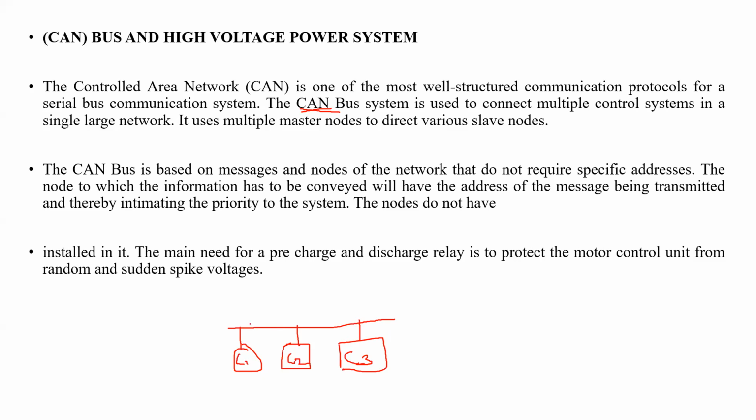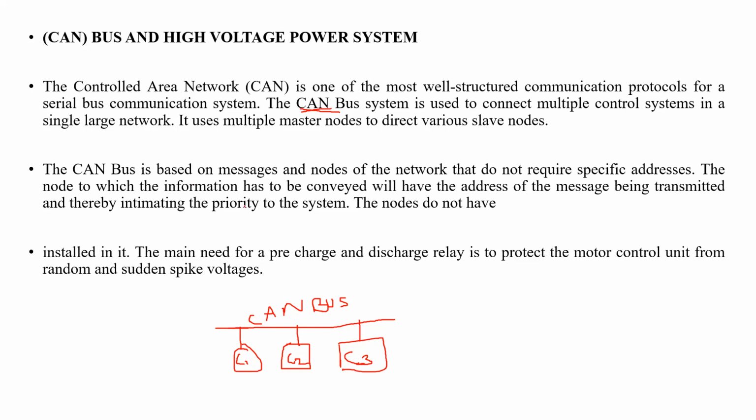Okay, this is called a control area network bus, CAN bus. Clear? So all these control circuits are connected to a common bus that is called a control area network bus.